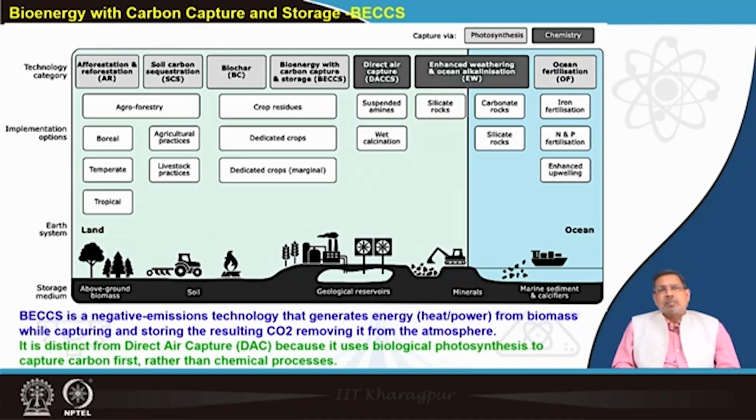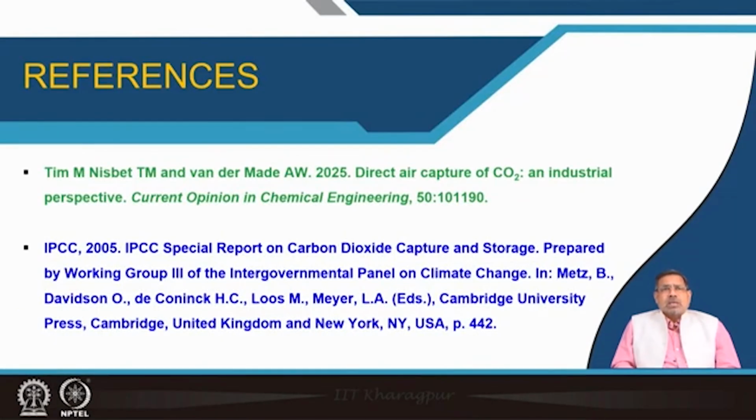It is distinct from direct air capture because it uses the biological photosynthesis to capture carbon first rather than chemical processes. So, using the biological system, it is captured first and then it is utilized in other ways in terms of storage. So, this is the beauty of the bioenergy with carbon capture and storage facilities integration, abbreviated as BECCS.